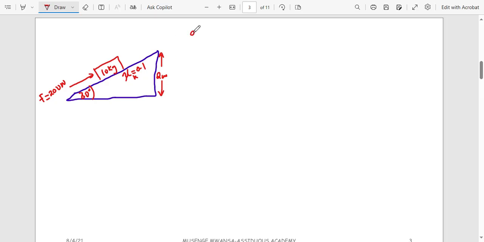And then we've been told that the object starts from rest. Now we are going to take that it starts from the bottom. So the object starts from rest at the bottom.